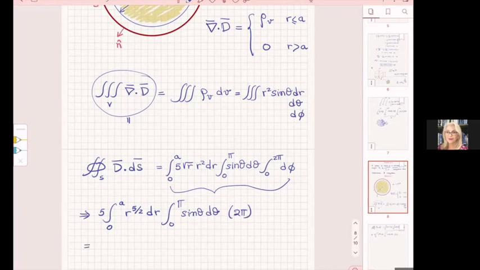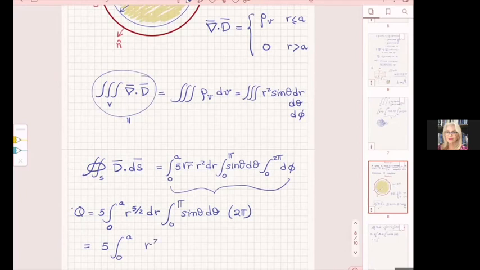So here we have that's Q. So then we have phi, and then 0 to A, and then we have R.